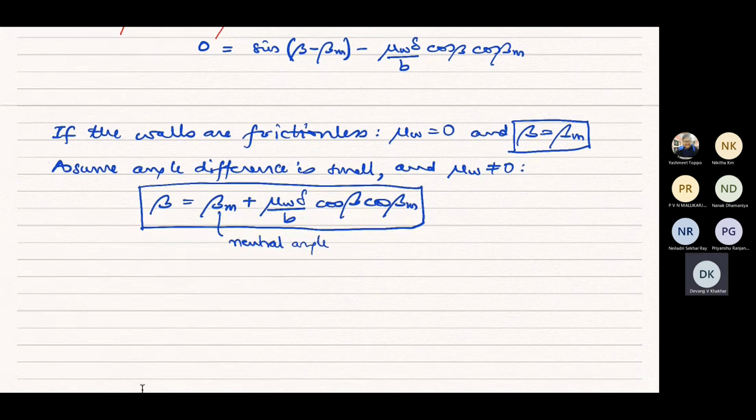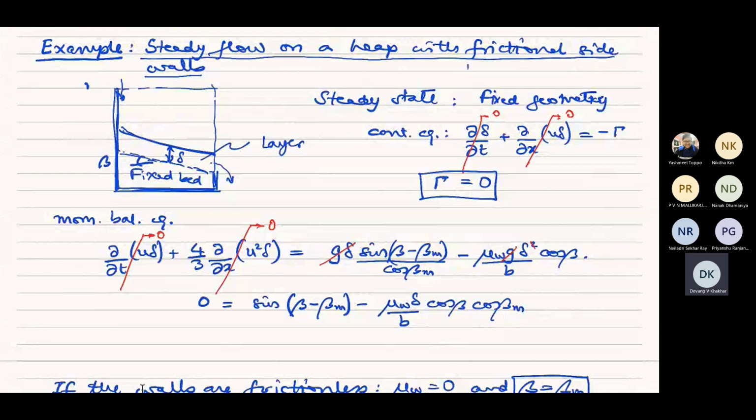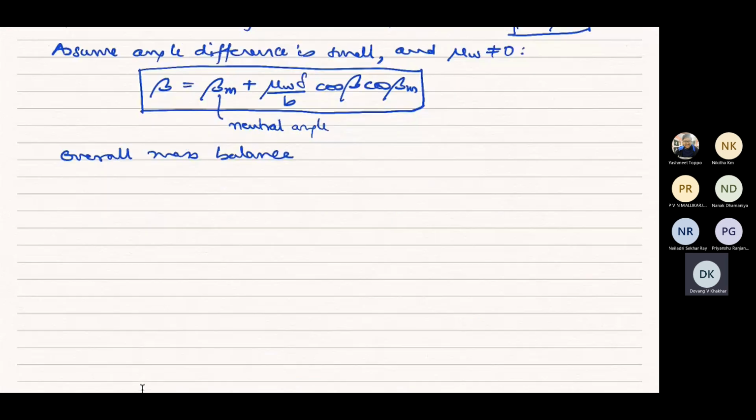And the final thing that we have is that if you want to find out what will be the layer thickness, then we know that, let's say for example if we do an overall mass balance, let's suppose that the material is being fed at a constant mass flow rate m dot, then m dot is just equal to the bulk density times the mean velocity times b times delta. b is the width.